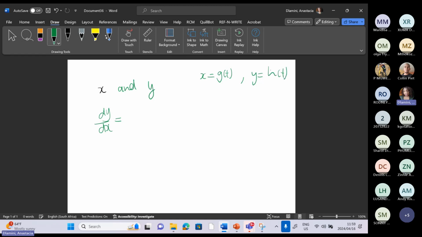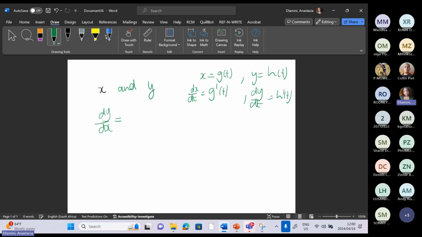So for you to find dy over dx, you first differentiate both of them with respect to t. So this is dx over dt, meaning g prime of t. And then you differentiate y to get dy over dt, so this is h prime of t.